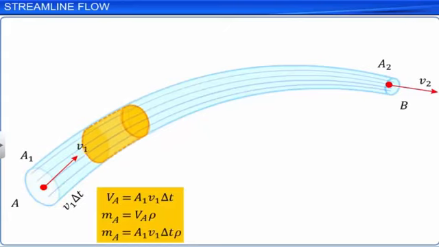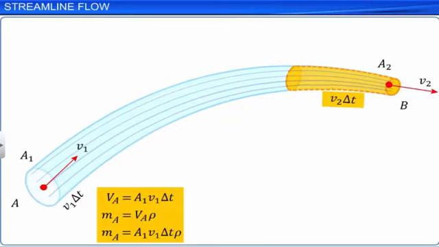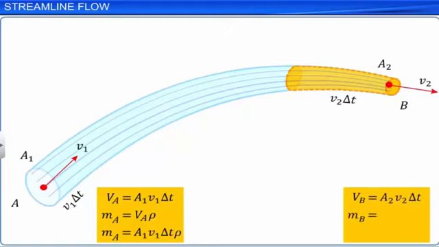Similarly, consider a small cylinder of length V2 delta t at the end B. Then, the volume of the fluid Vb going out of the tube through the cross-section at B in the same time delta t is A2 V2 delta t. Hence, the mass of the fluid, Mb, leaving the tube at B in the same time delta t is A2 V2 delta t ρ.